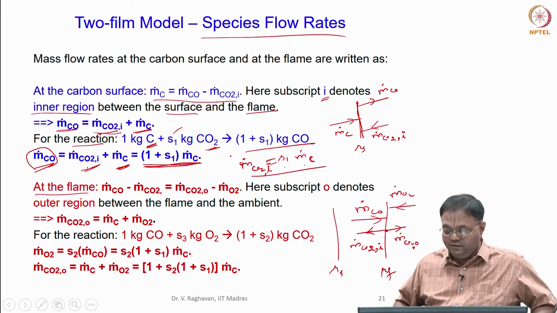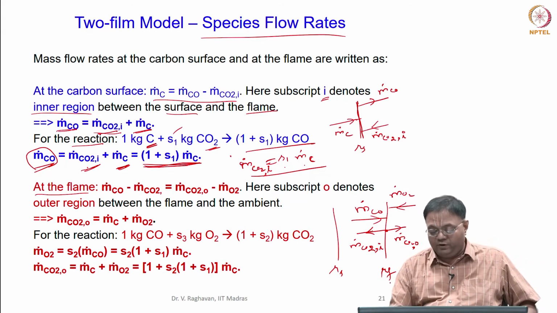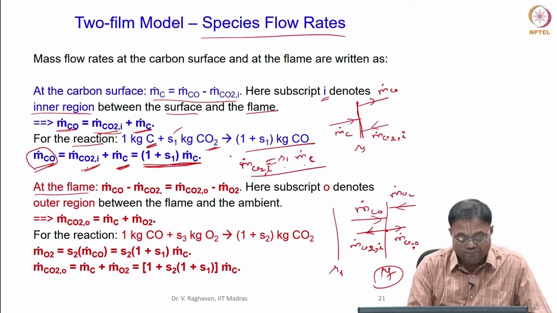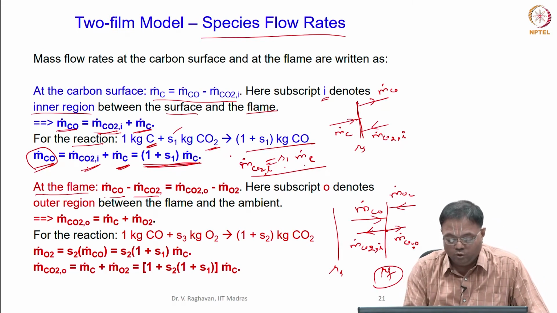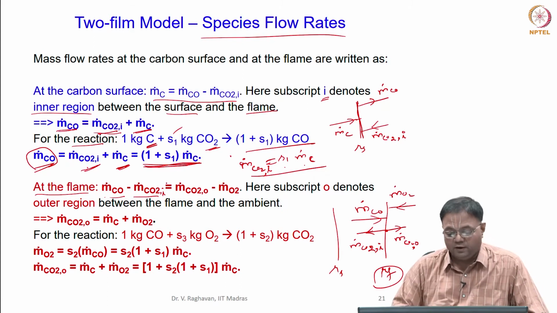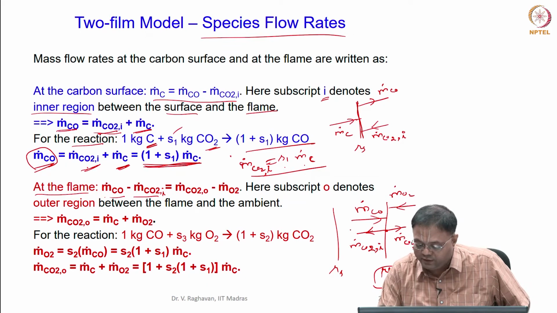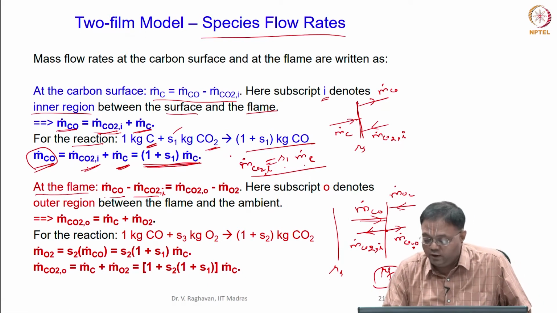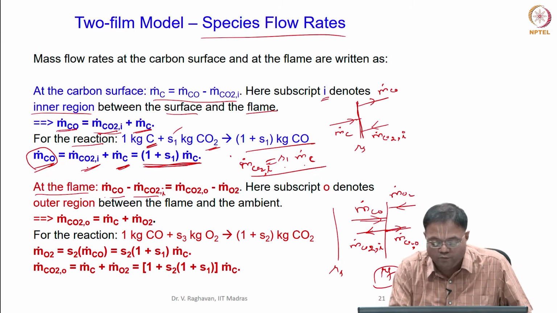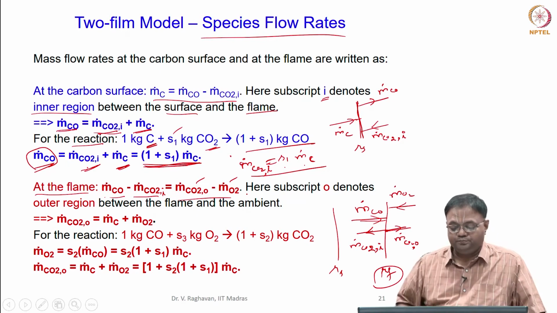So these are the mass balances in the flame RF. So m dot CO minus m dot CO2 inner, this is going away, this is coming in, will be equal to m dot CO2 O going out minus m dot O2 coming in. So this is the balance.